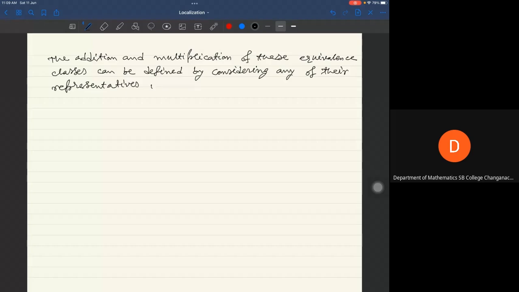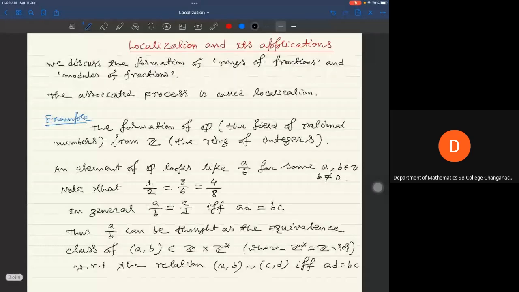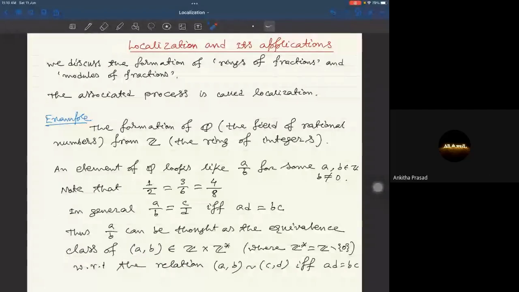So we know how to add two rational numbers and how to multiply two rational numbers, and we can see that addition and multiplication are independent of the choice of the representatives of these equivalence classes. So for example, this rational number is the equivalence class of this pair, and you have other representatives also. But in addition and multiplication, if you use another representative, you will still get the same number, the same equivalence class.